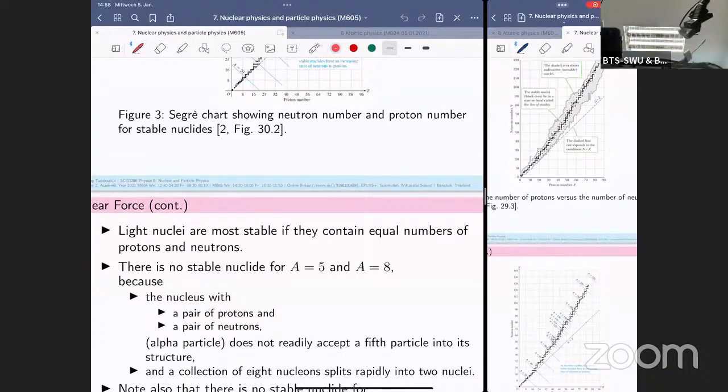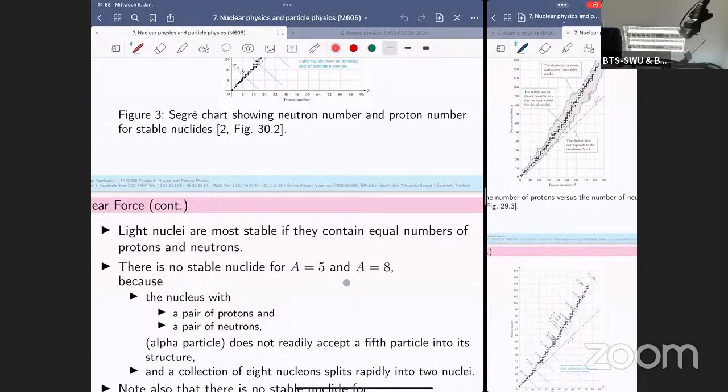There are no stable nuclei for A equal to 5 and A equal to 8. That's a special thing, right? What is the meaning of that? The summation of the number of protons and neutrons could be 5 or 8, right?